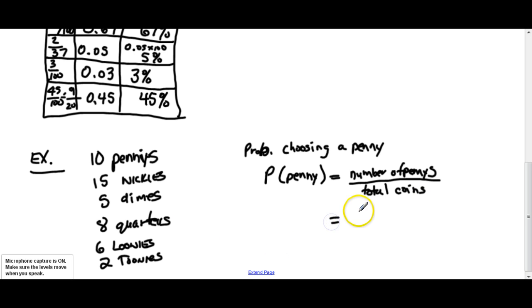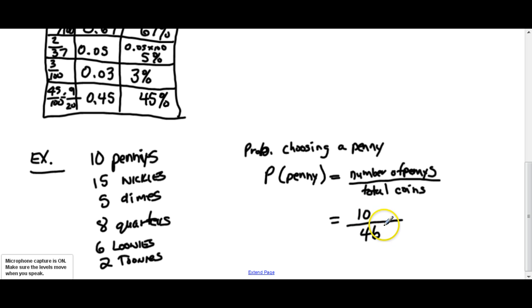So this is just equal to 10 because I put 10 pennies in the bag, divided into the total. Well, I have 10 pennies and 15 nickels, 5 dimes, 8 quarters, 6 loonies, and 2 toonies, so all of that adds up to, let's see, 10, 30, 38, 40, 46. So I have 46 coins in total.